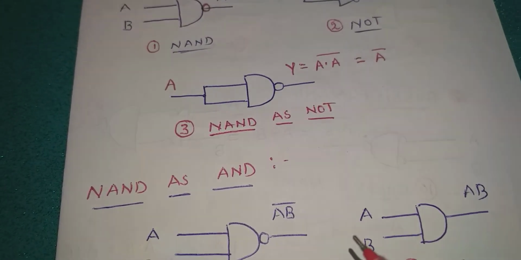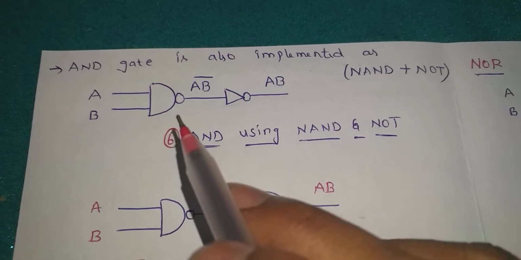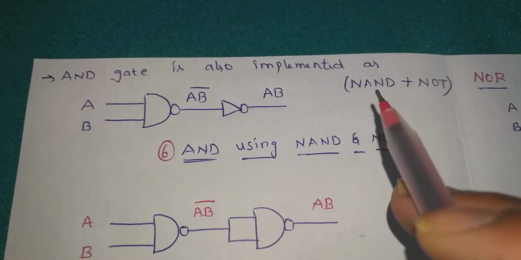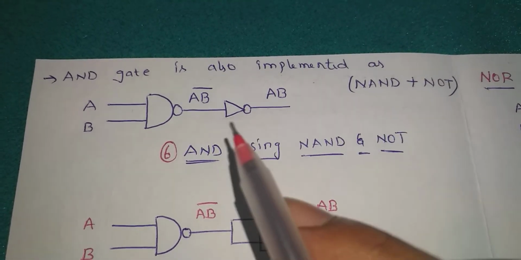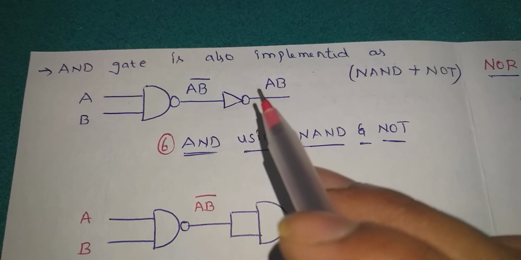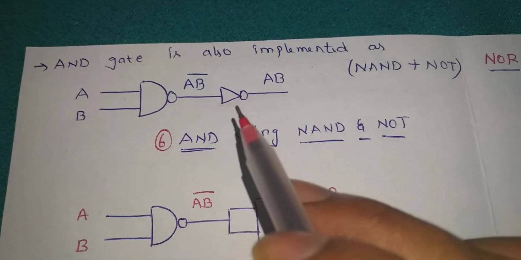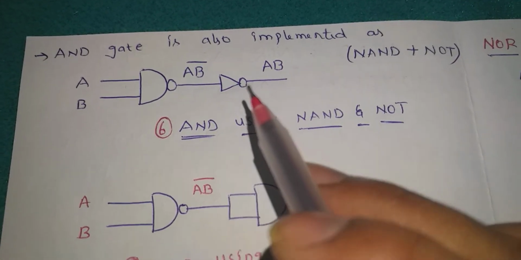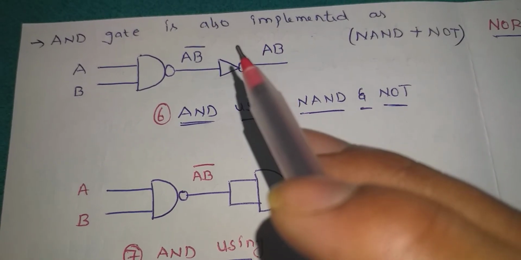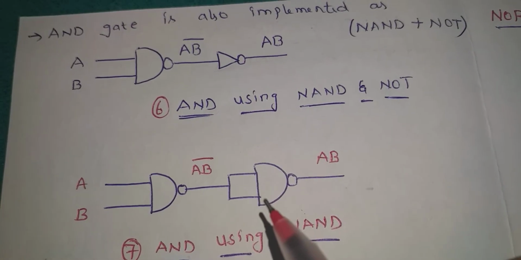Is it clear? Now, the AND gate is also implemented as NAND plus NOT gate like this. Just now we have seen that a NAND gate can be used as a NOT gate. Therefore, we can implement the NOT gate by using a NAND gate like this.